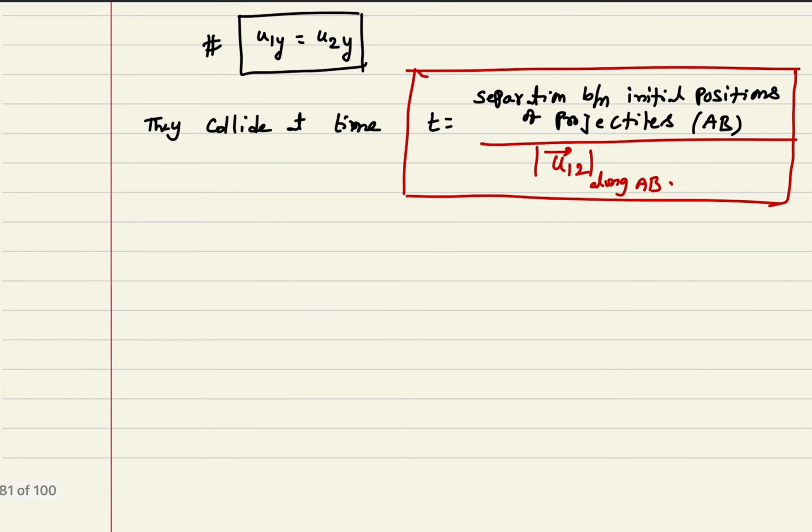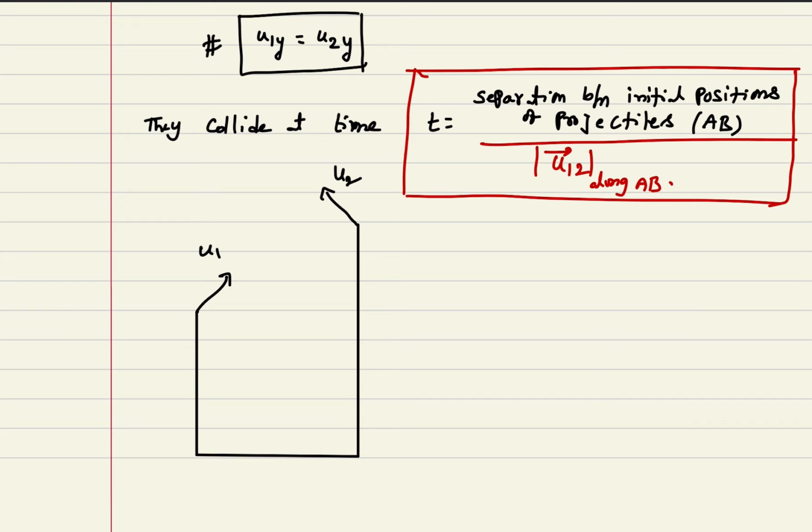The same thing, if I take it in another way, if I project from a certain height. Let us consider the first particle is projected with velocity u2, second particle is projected with velocity u2, and d is the separation between them.